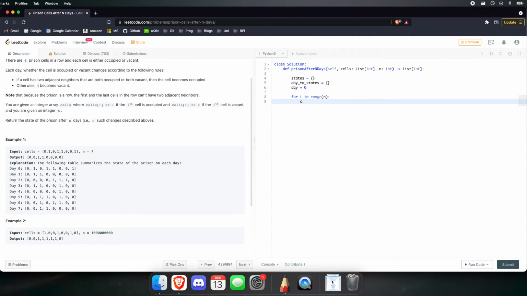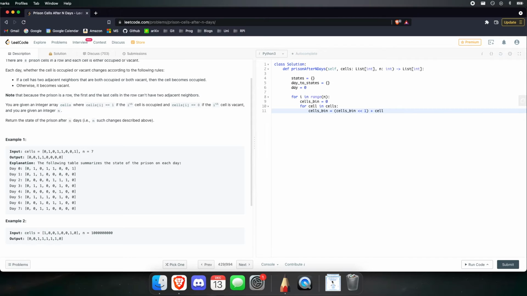So I'm just going to call this cells bin, cells binary number. You guys feel free to do the string if you want, or you can do this one as well. So for every cell in cells, we want to add it to our cells bin. First we need to shift it to the left by 1 and then add cell.